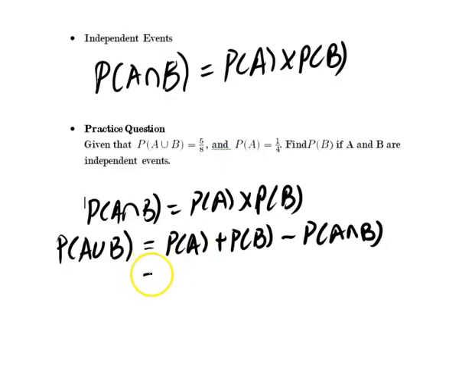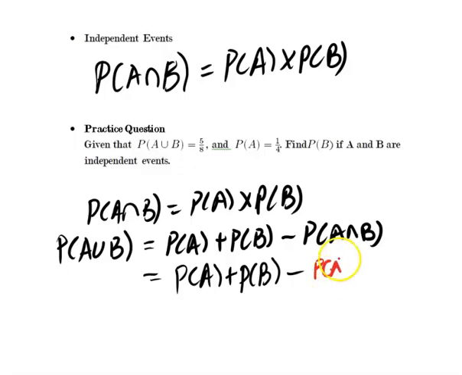Now we're going to apply here probability of A plus the probability of B. We say they are independent. Independent means probability of A intersection B is probability of A times probability of B, isn't it? I'm writing in red to emphasize that.